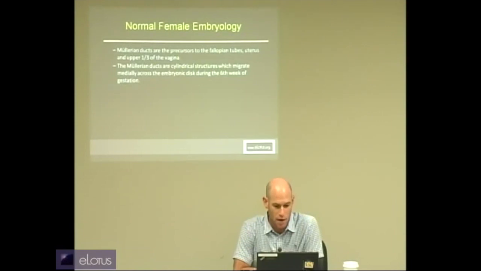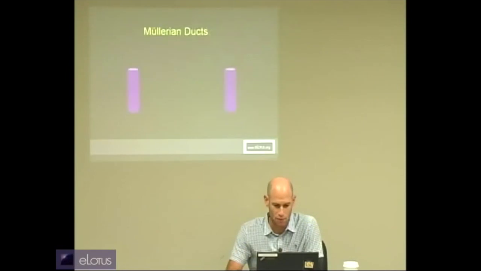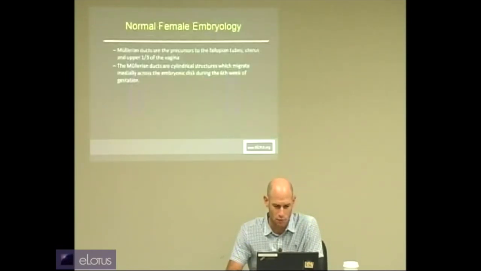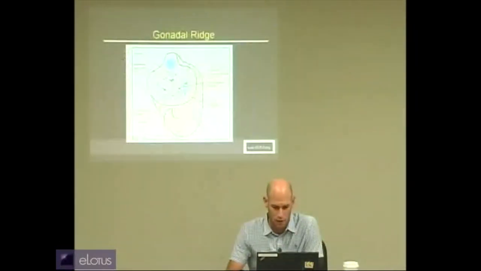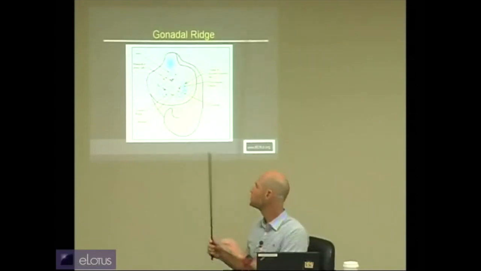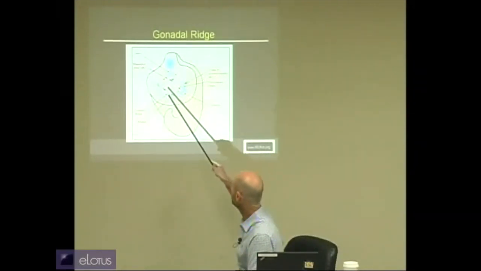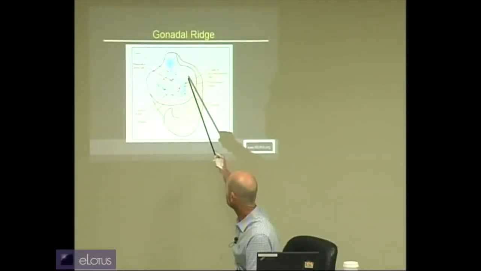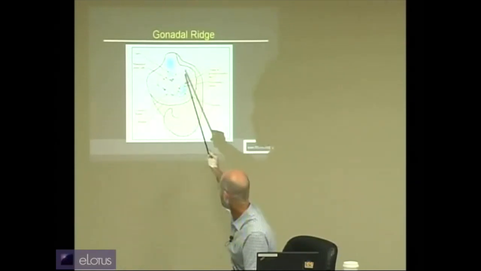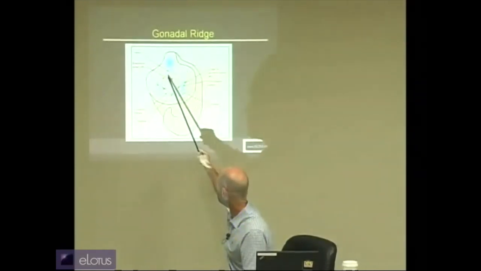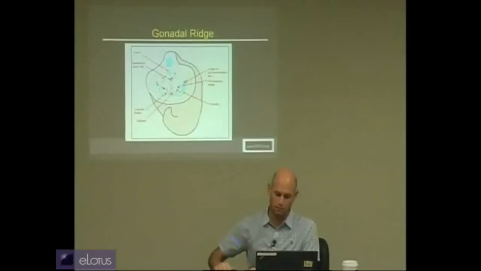The Mullerian ducts are cylindrical structures which migrate medially across the embryonic disc during the 6th week of gestation. So, actually, we'll go back a couple slides. Remember, we're talking about in this ridge, this would be the disc, and so the Mullerian structures are going to be starting off kind of laterally on either side of this disc, moving more centrally. Okay?